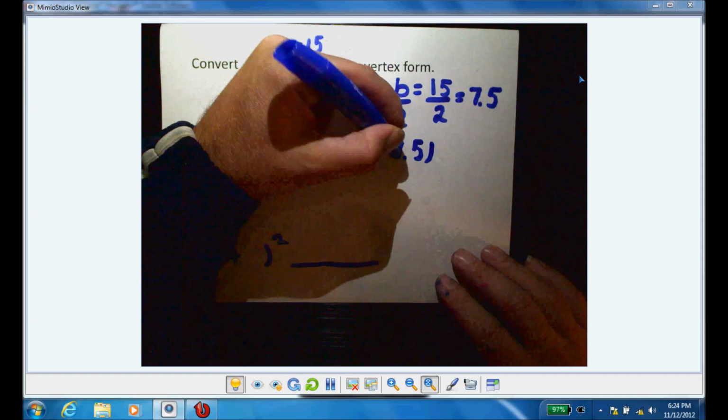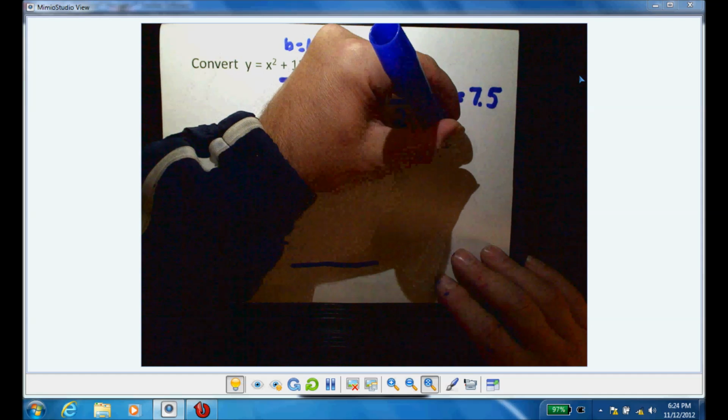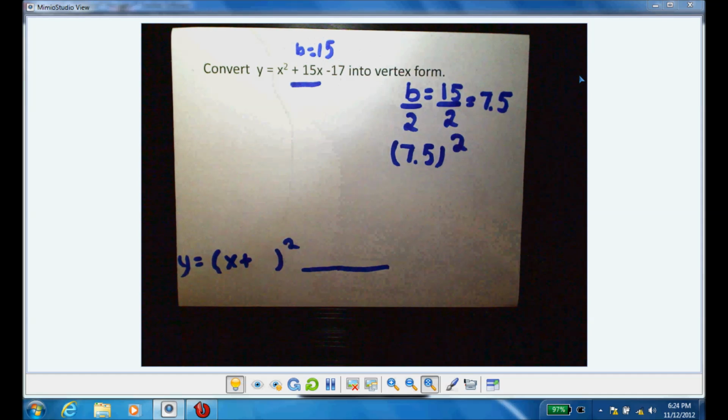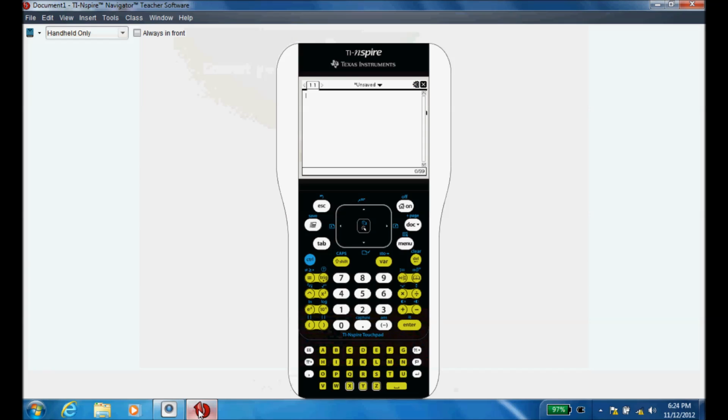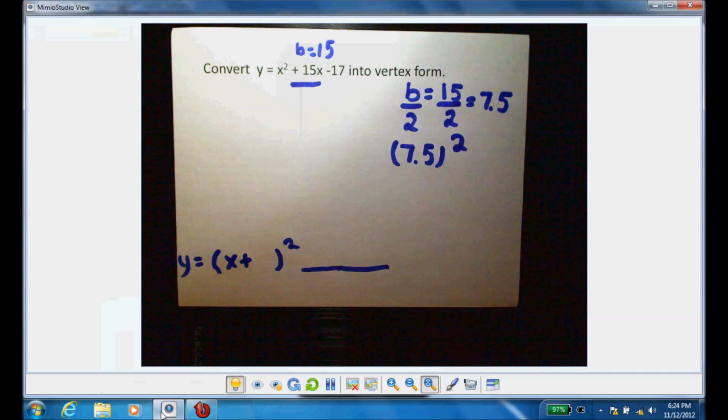So I'm going to raise 7.5 to the second power. You're going to want a calculator for this part. So I put in 7.5 raised to the second power, and I get 56.25.